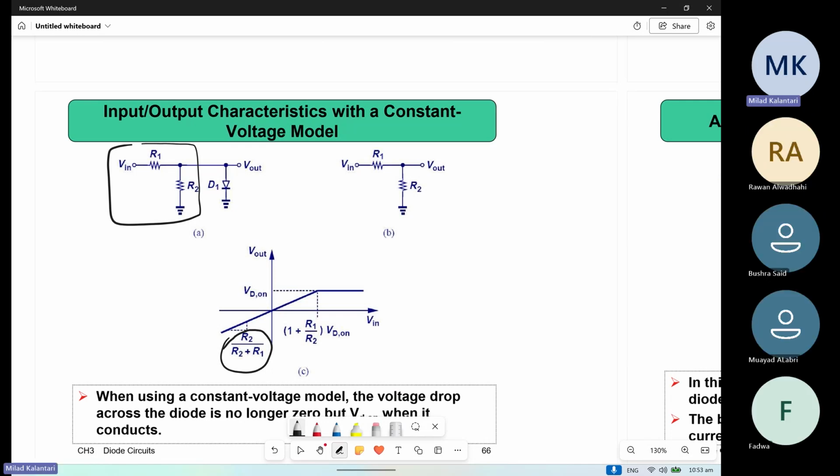Let's give an example, it's maybe easier. Let's say the VD on is 0.7 volt, right? This R2 is 1, the R1 is also 1, right? We want to know at which V in the diode starts turning on.